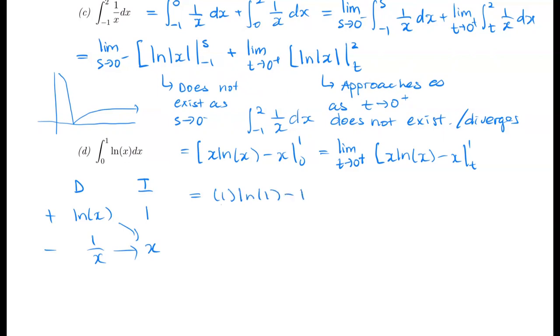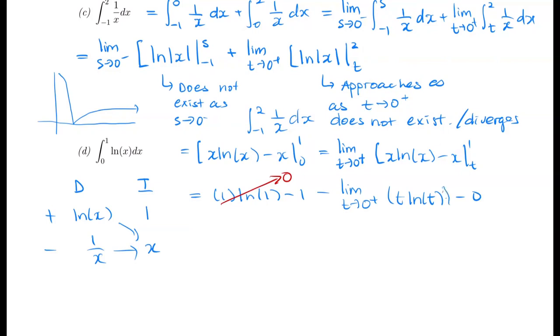So this is going to go to 0, but we still have the negative 1. And as for the second term, we have the limit as t approaches 0 from the right of t ln of t minus t, so that's going to go to 0. The t here, as it's approaching 0 from the right, is also going to go to 0. So I'll just leave that as minus 0.